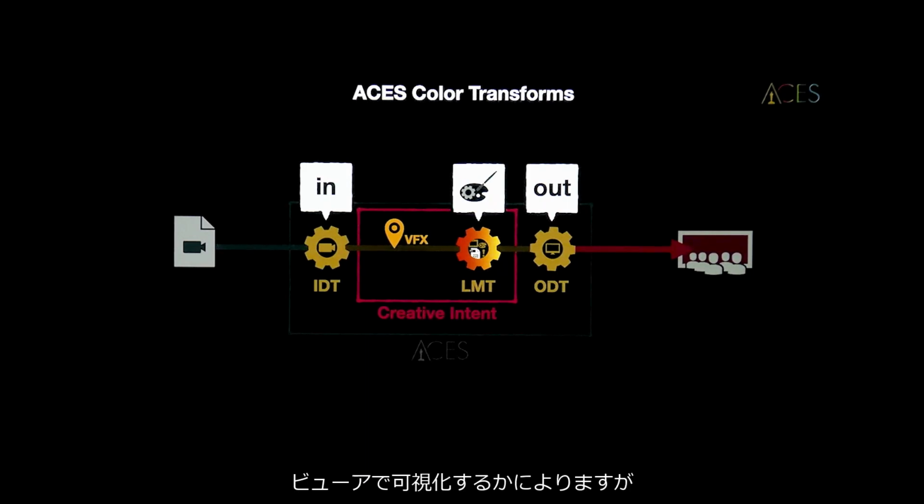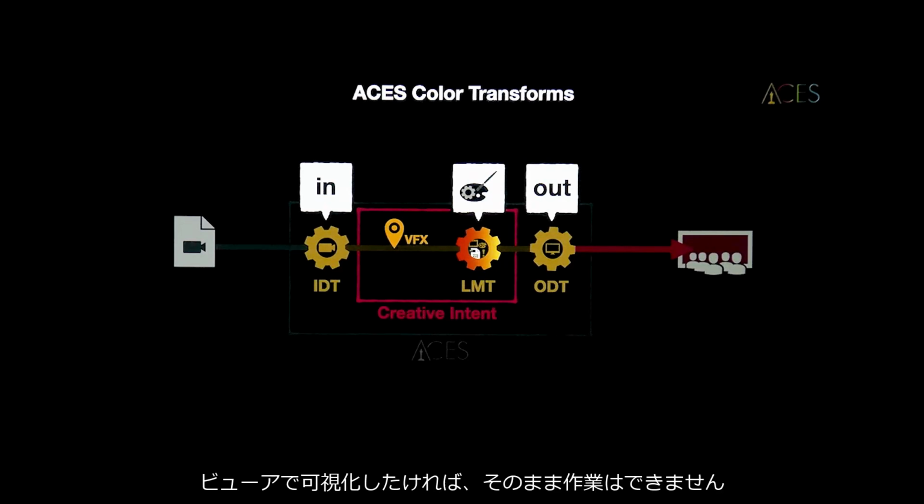Then, depending on if we want to visualize in the viewer, and of course you want to visualize in the viewer, you cannot work with that, you need to apply certain other transformations. So in order to make it easier, I'm just going to explain one by one these transformations, starting with the meaning of the letters.